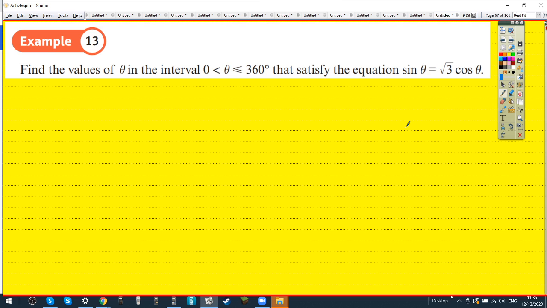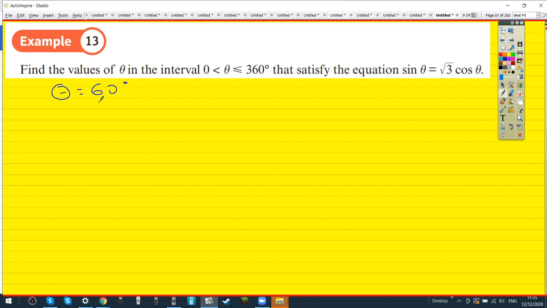It gave me 60. So theta is 60. But how can you make sure it's 60? Because you've got sine and cos. Do you do inverse for both? Let's try it. Inverse sine gives 60, and both of them are 60 if you do the inverses.